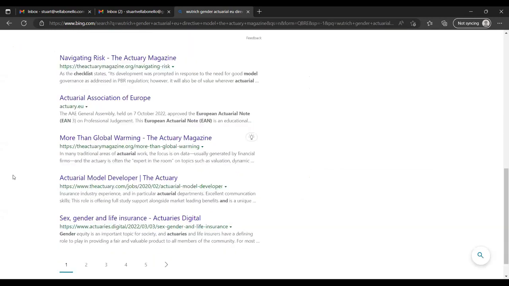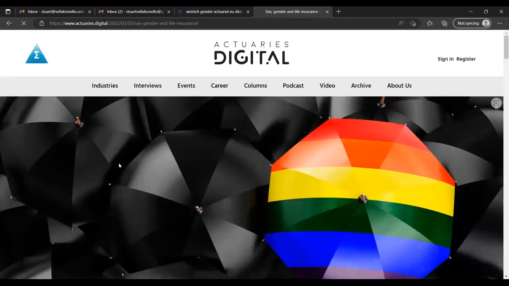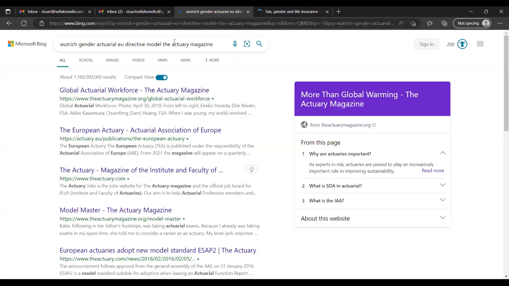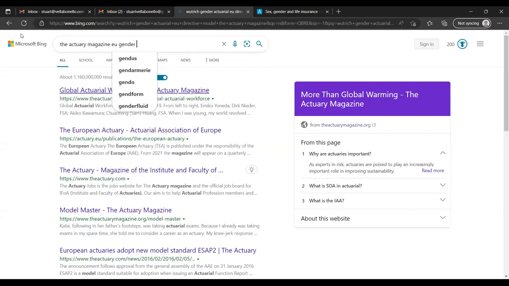Actuaries, or the actuary, I think. Let's have a look. The Actuary magazine, EU gender directive model.